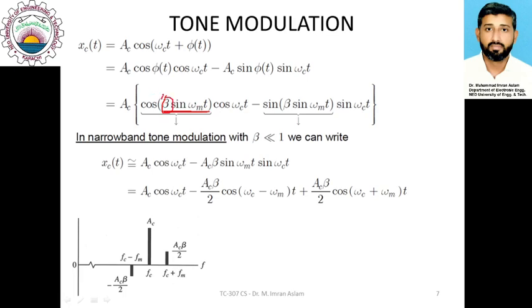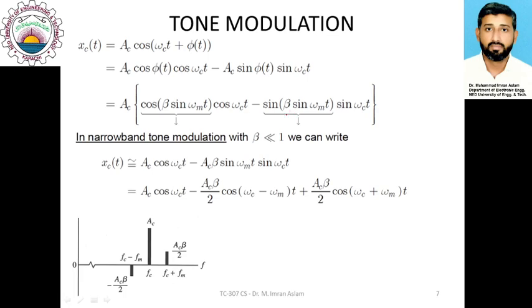In that case, this argument is a small number, and cosine of a small number is equal to 1 because cosine 0 is taken as 1. So when the argument is much smaller, this cosine function can be approximated as 1. You can see from the expression here, this cosine omega ct would remain as it is, and AC would remain here, but this cosine of beta sine omega mt can be approximated to 1 for the case of narrowband only.